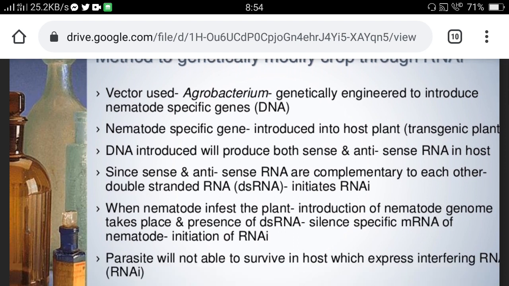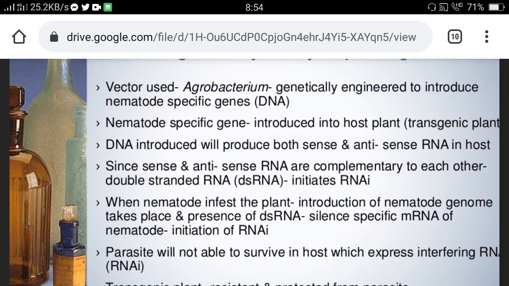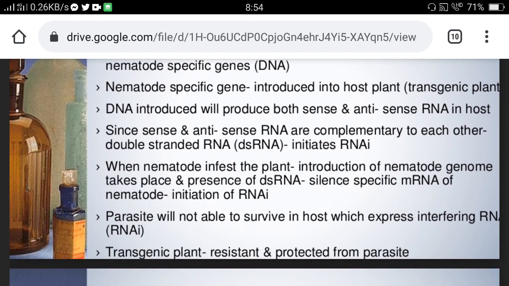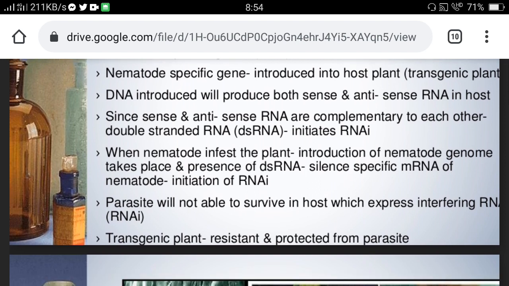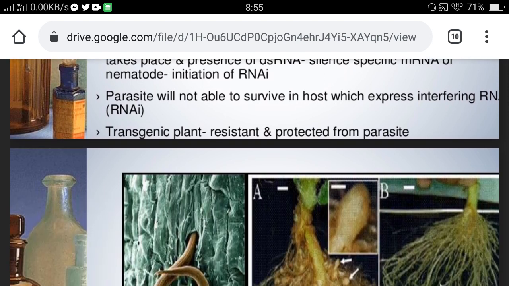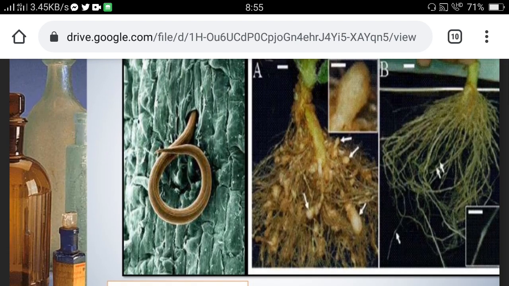When nematodes infest the plant, the double-stranded RNA silences a specific messenger RNA of the nematode, initiating RNAi. Parasites will not be able to survive in a host which expresses interfering RNA. Transgenic plants are resistant and protected from the parasite. See the picture of the nematodes.